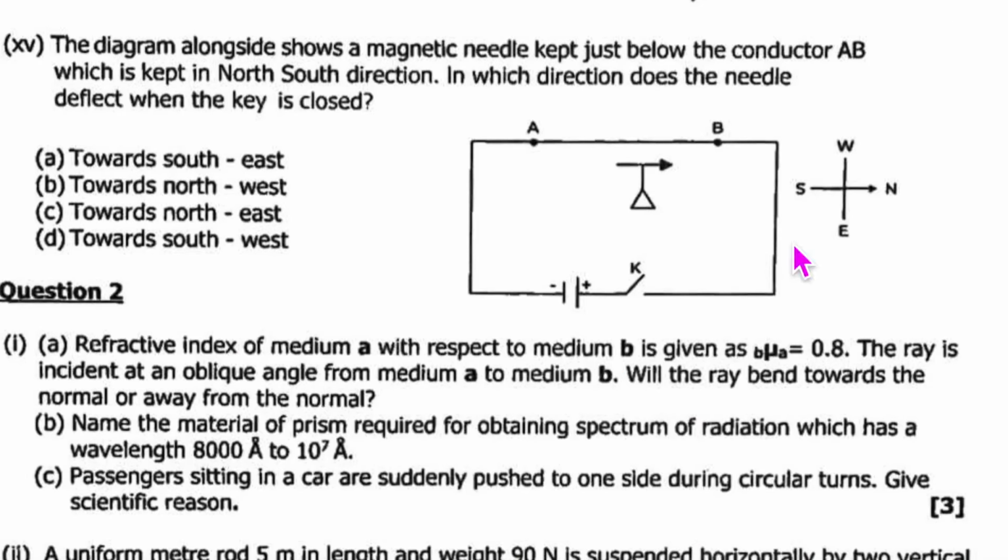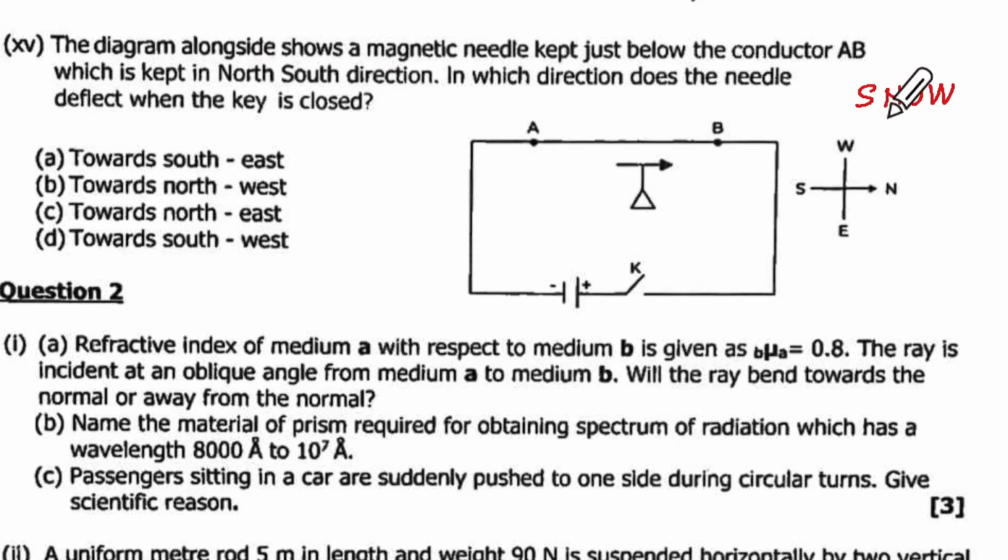Come to the 15th one. It shows the magnetic needle just kept below the conductor AB, which is kept in the north-south direction. In which direction does the needle deflect when the key is closed? Now remember your snow rule.